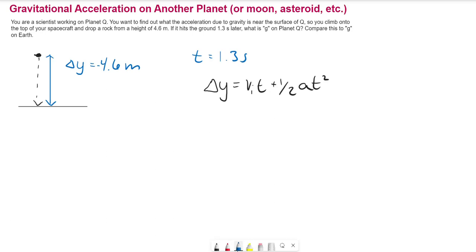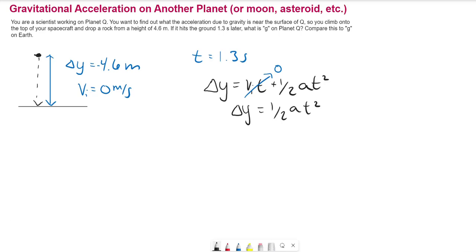Anytime you see dropped, that means v initial equals 0 meters per second. It means they're not throwing it downward. So it has no initial velocity, and that makes our problem a little bit easier because we can just say v initial times t equals 0, and now our problem is just delta y equals 1/2 a t squared.